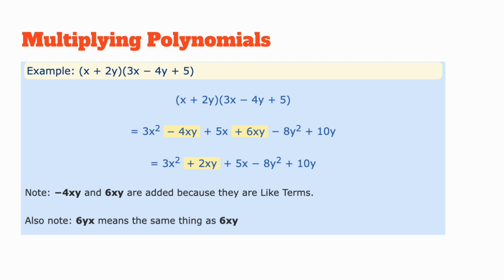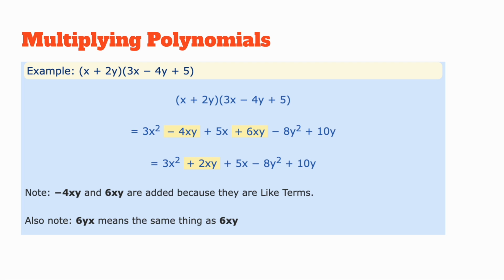So as you can see here, when we say to multiply x plus 2y by 3x minus 4y plus 5, then we need to multiply x by 3x, which will be 3x squared, and we need to multiply x by negative 4y, which would be negative 4xy, and then we need to multiply x by 5, which would be 5x, and then we should multiply 2y by 3x, which would be 6xy, and then we need to multiply 2y by negative 4y, which would be negative 8y squared, and then we need to multiply 2y by 5, which would be 10y.